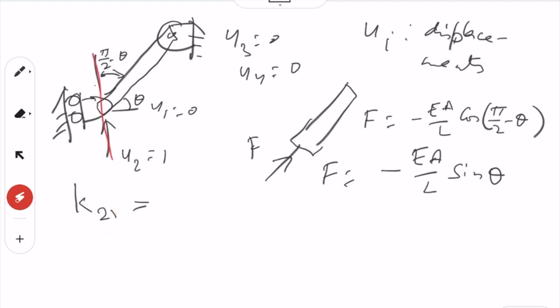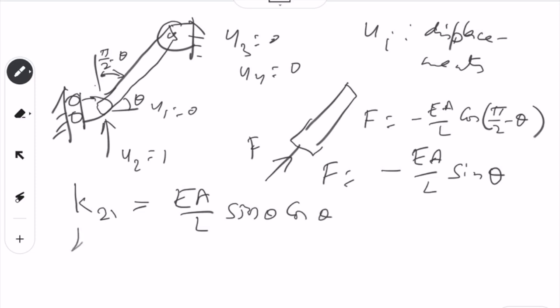This way the force is EA over L, with a minus because it's a compression, remember that. So K12, which equals K21, will be equal to EA over L sin theta multiplied by the force component in this direction, cos theta.